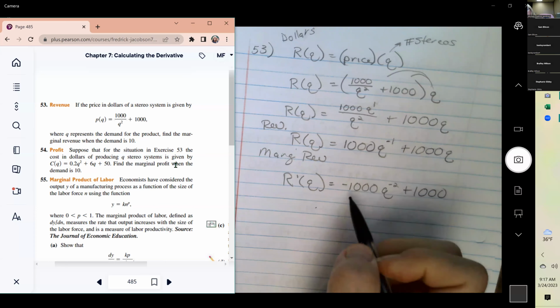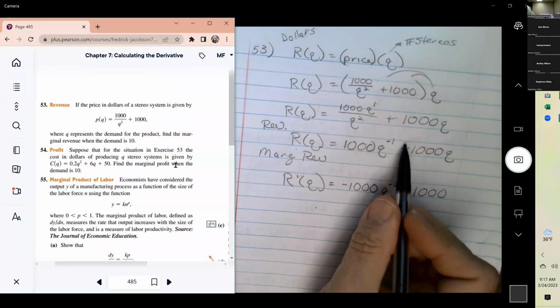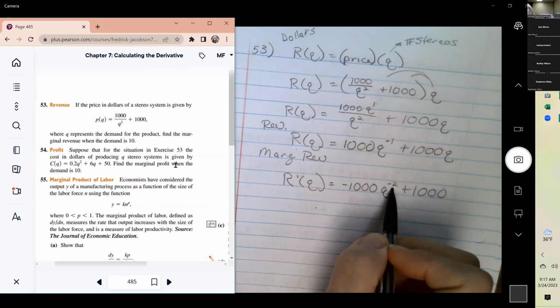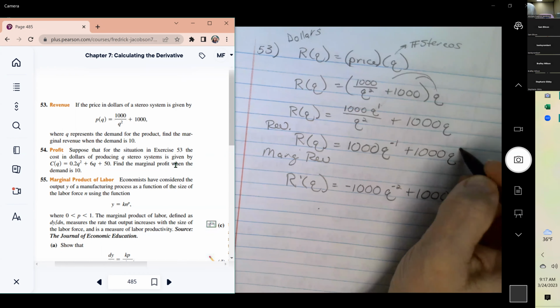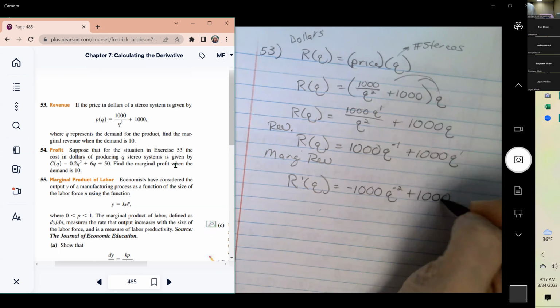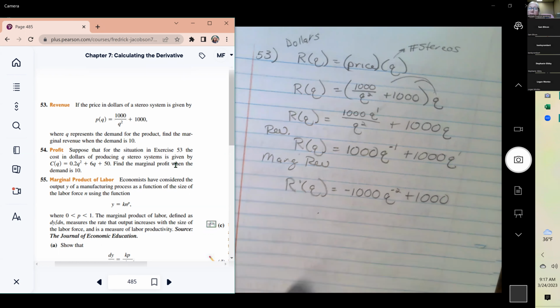Negative times the thousands, so -1,000. And then when we subtract 1 from the exponent, we get a -2. This one, Q is Q to the 1. 1 times 1,000 is 1,000. Q to the 0 drops off.